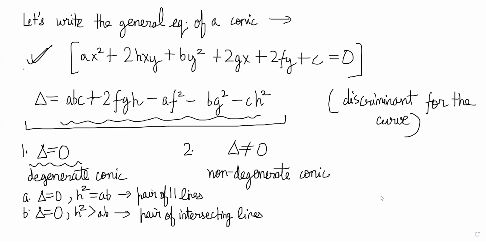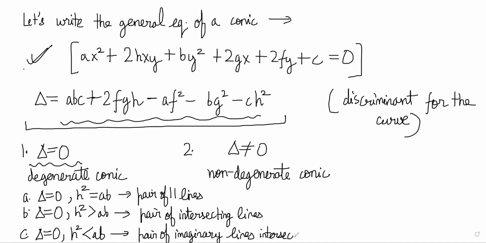And if finally del is equal to 0 and h square is less than AB, then what we have is a pair of imaginary lines which are intersecting at a real point. So basically it is a single point.